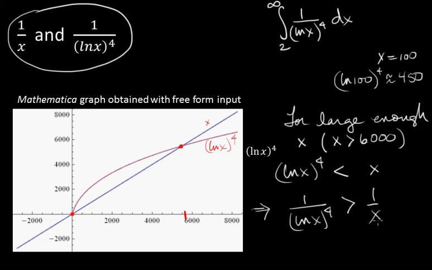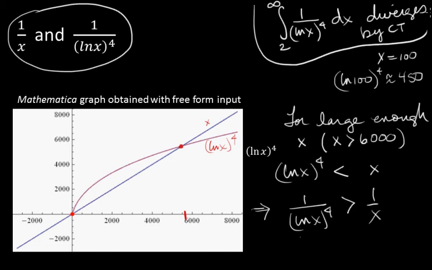And the integral of 1 over x from 2 to infinity diverges. Therefore, this also diverges by, I'm forgetting what I called it, I'll say comparison test. And that's because we were able to create this inequality and say that it is true for x beyond some point.